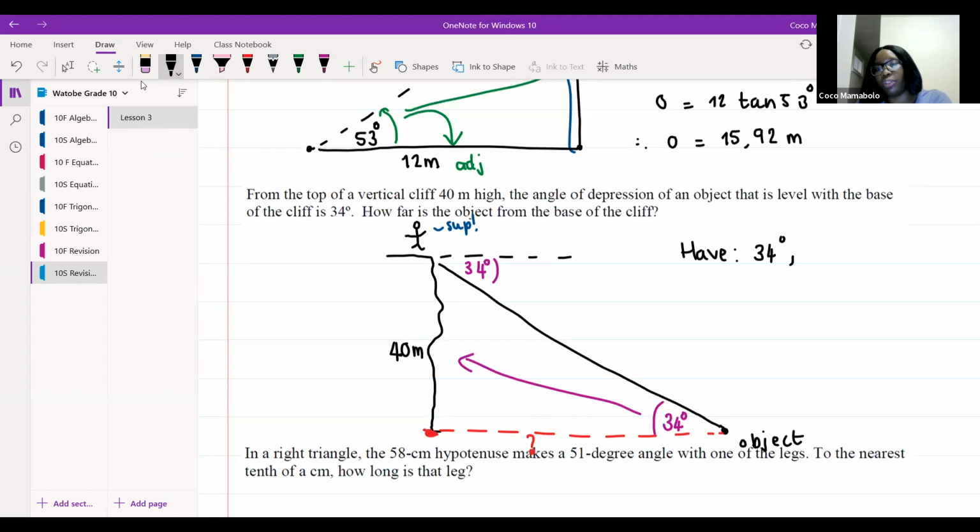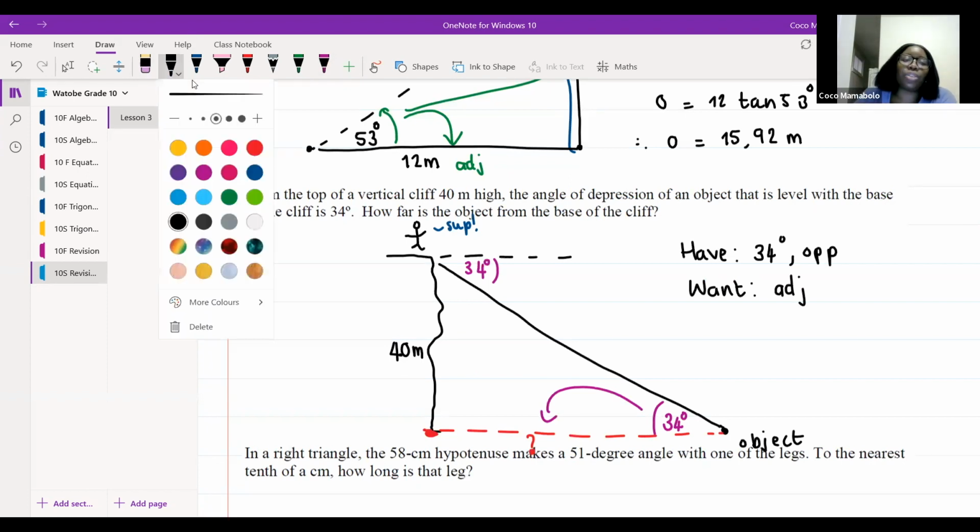Okay, so I've got 34 degrees and I've got opposite. What do I want? In relation to my 34 degree angle, I want this side over here. I want my adjacent side.